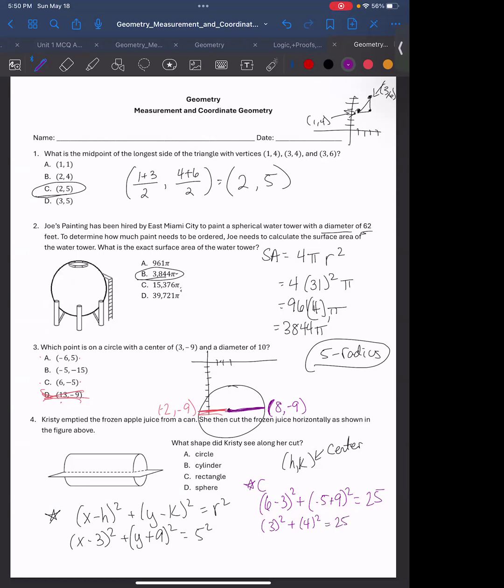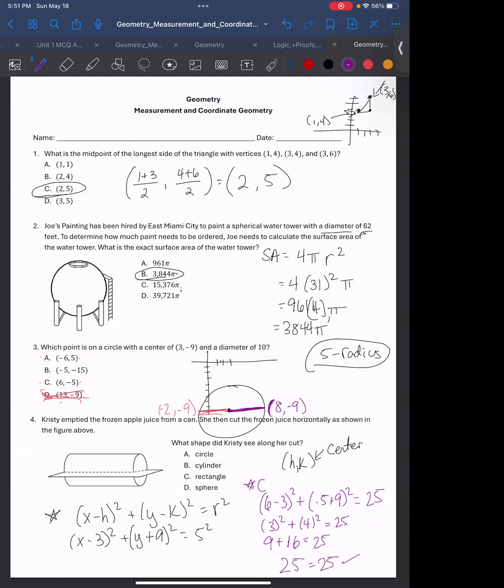What's 3 squared? 9. 9 plus 4 squared is? 16. Oh, okay. So it checks out. 9 plus 16 is 25. Is this true? Yeah.